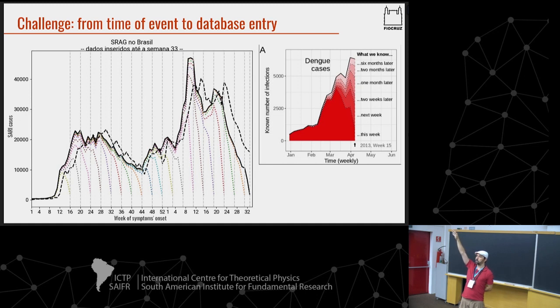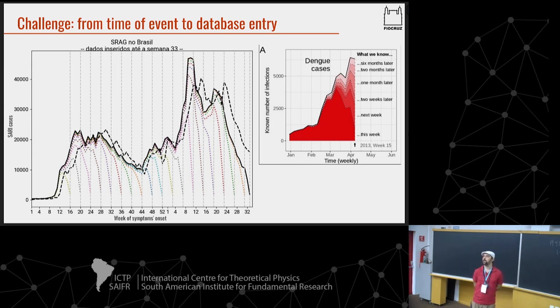And this has impacts on what you should do in the field. And of course, the worse the delay, the worse the comparison will be between the solid line and the dashed line, not only against the dotted line.